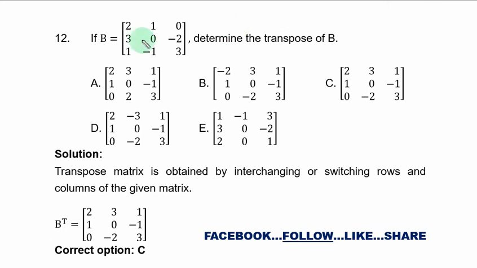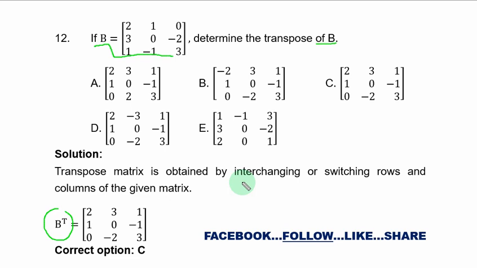Question 12. If matrix B is equal to this, determine the transpose of B. The transpose of B is denoted by B power t, and it is the matrix obtained by interchanging or switching rows and columns of the matrix.